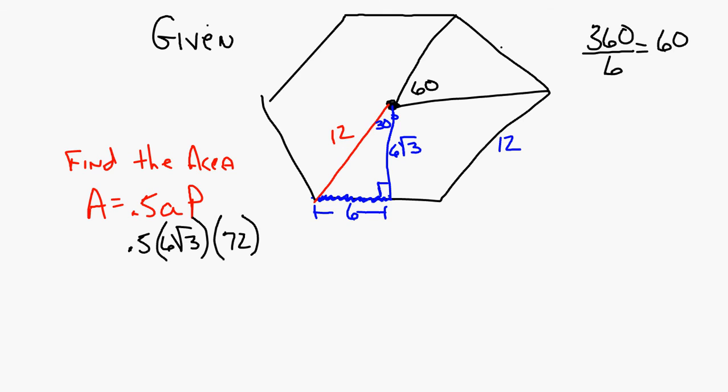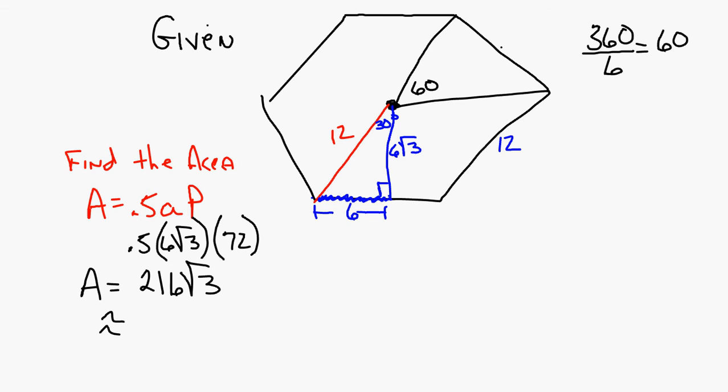So look, this radical 3 is in simplest form. So if you take 0.5 times 6, you get 3 times 72. Okay, so the area is equal to 216 times the square root of 3. All right, so that's it in radical form. And then I've got the 216 on my calculator.